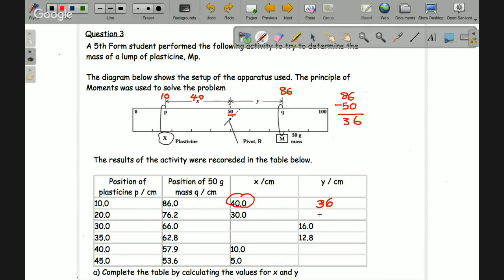So for the second instance, when Q is 76.2, just erase this.